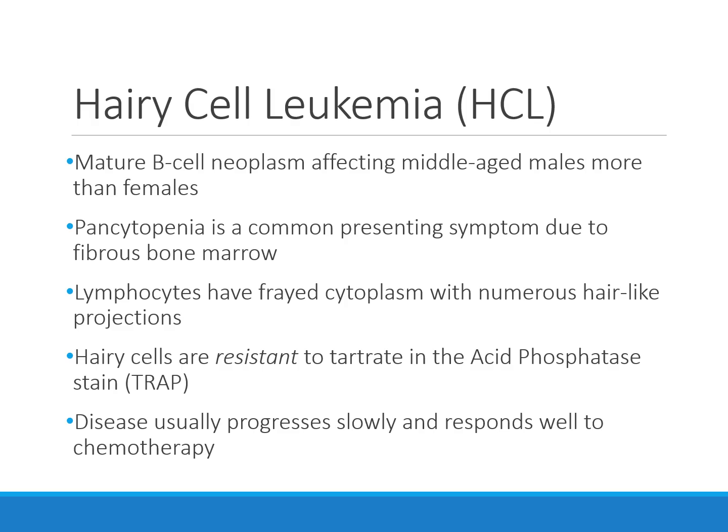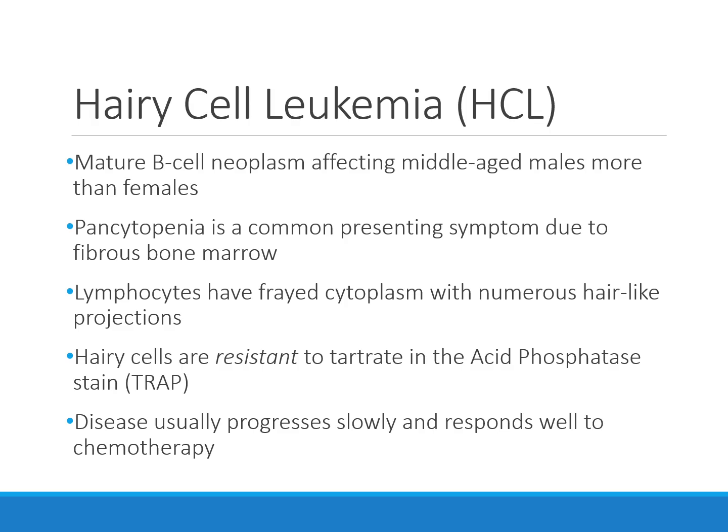And one of the hallmarks of hairy cell leukemia, hence where it gets its name, are these frayed cytoplasmic projections, and the projections are kind of hair-like. They look like they've just got a bad haircut. One of the things that we do, and we talked about this in our cytochemical staining slide, is hairy cells are resistant to the tartrate in the acid phosphatase stain, or that TRAP stain.